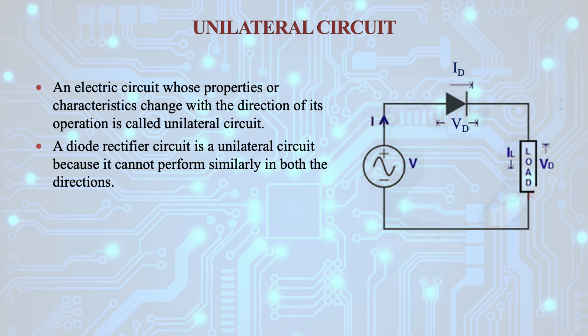So this diode will work only when it gets a positive supply across it. That means when its P terminal is connected to the positive and N terminal is connected to the negative, then it will work in forward bias direction. That means this diode will not work in the reverse bias condition. So this is an example of a unilateral circuit.